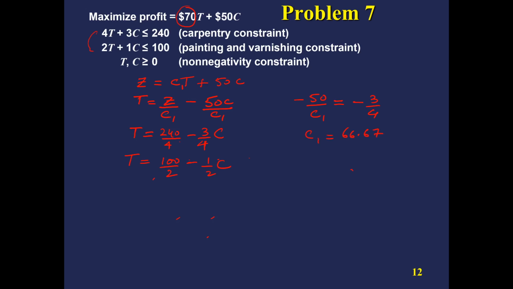Then minus 50 over C1, if we equate it to minus half for the second constraint, we get C1 is equal to 100. So C1 has an upper limit of 100 and a lower limit of 66.67. We can work out the range for the second coefficient as well. Of course, I'm not going to do that; you can find it yourself by following the same procedure.